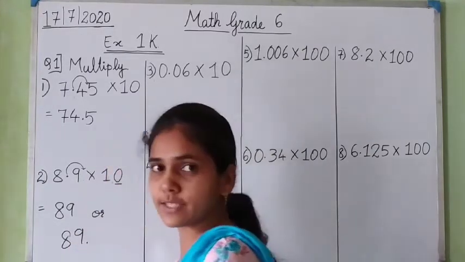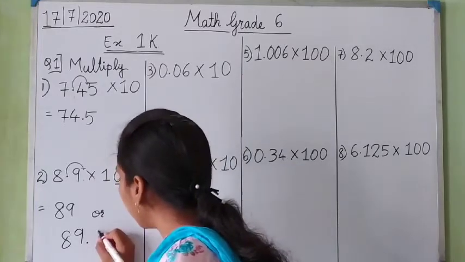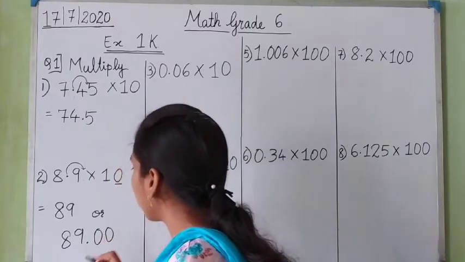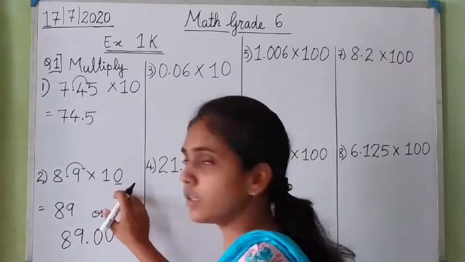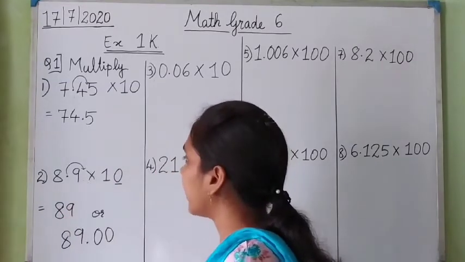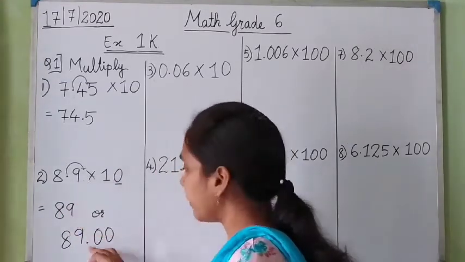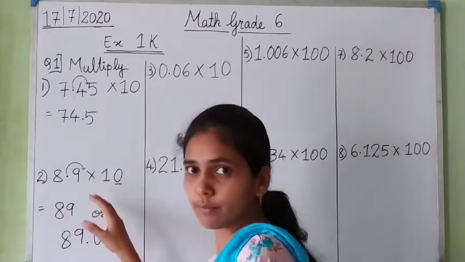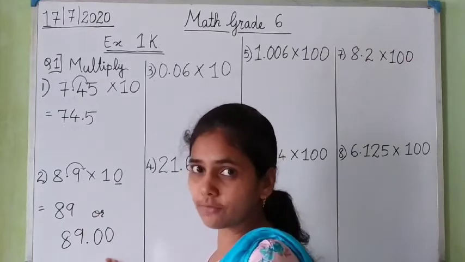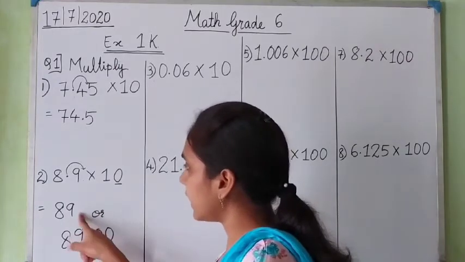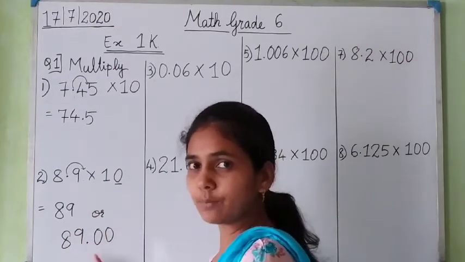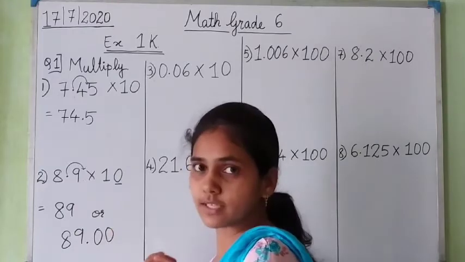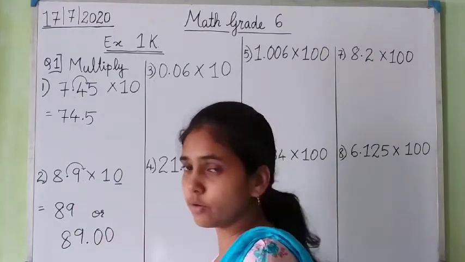If we want to put the decimal point, we can write it as 89.00, because after 9 there is no number, so we can put 0 after that. So we can write it as 89, or we can write it as 89.00. It is one and the same, both the numbers are the same.